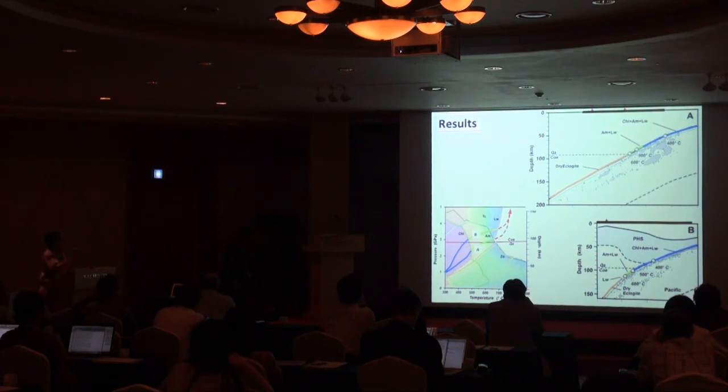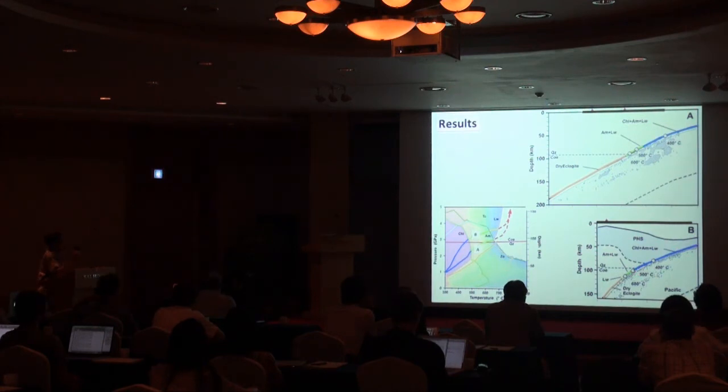Such a clockwise turn causes a quick temperature increase along the subducting slab here, about a 100 degree increase, and then very quickly another 100 degrees around this depth. So the Kanto area also has very quick heating.